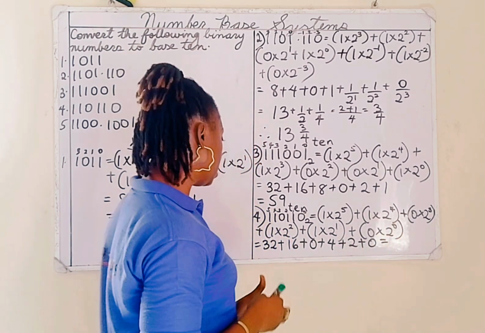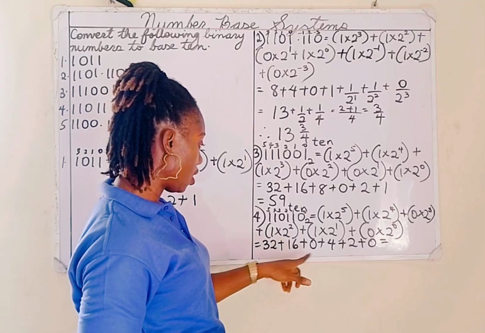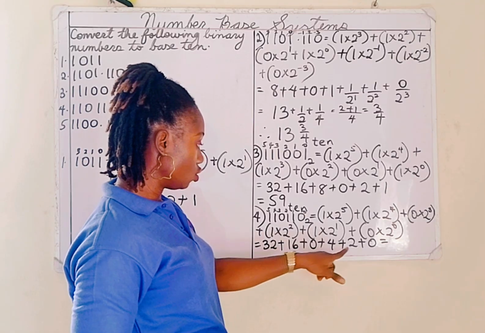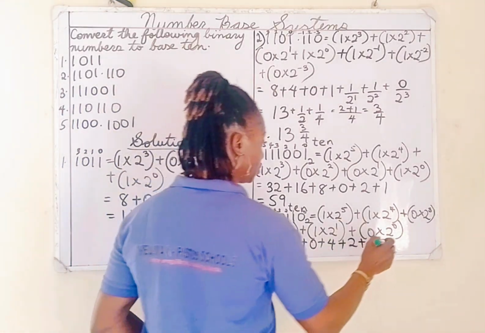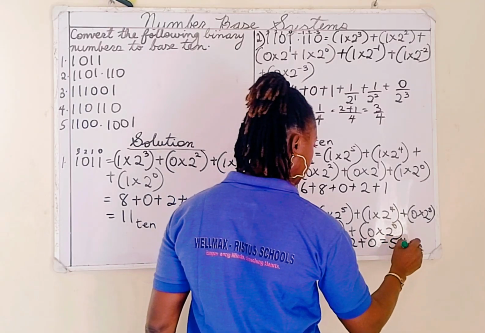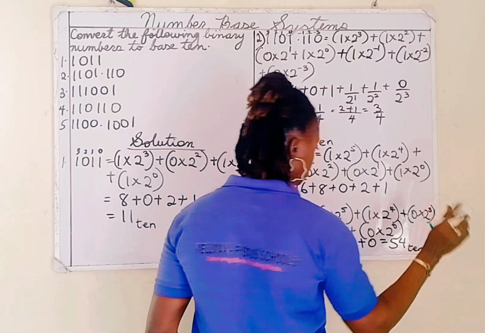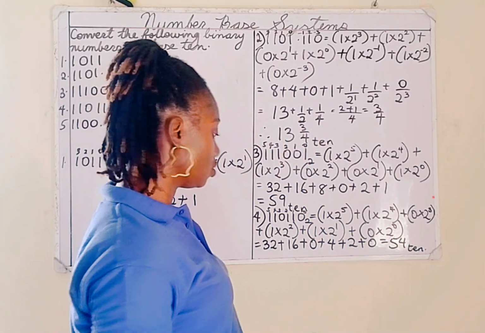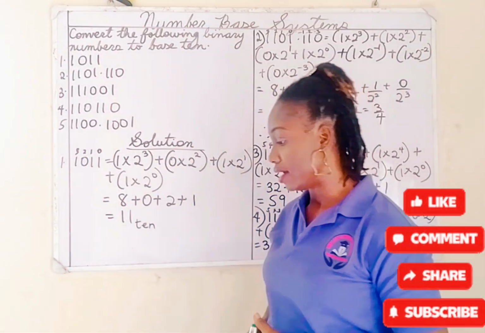So the answer is 32 plus 16 is 48, plus 4, 52, plus 2, 54. So we have 54 in base 10. And that's the final answer for this question. Now let's move on to question 5.